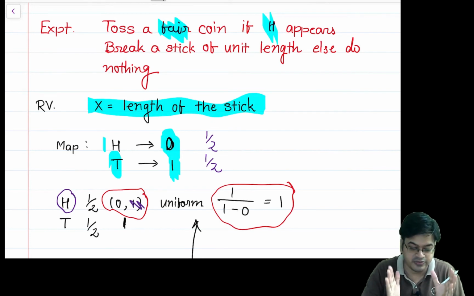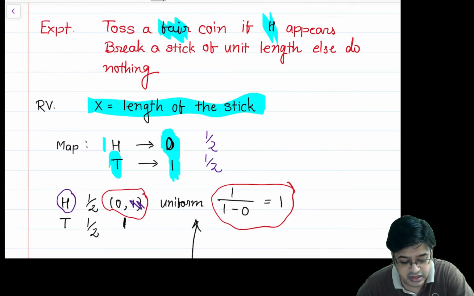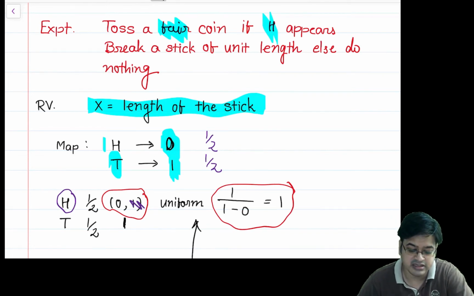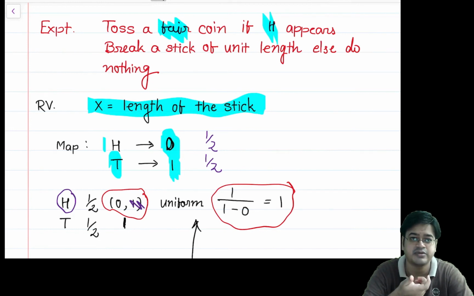Now if you look at this random variable, which is the length of the stick after this experiment, can you tell whether this random variable is discrete or continuous? Remember our discussion in the last video: if the random variable is continuous, then at any given point on the real line it will have probability 0.